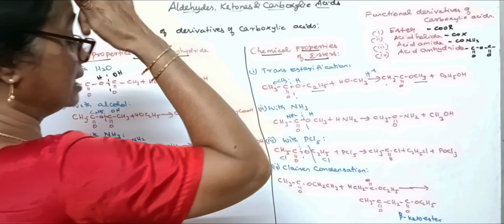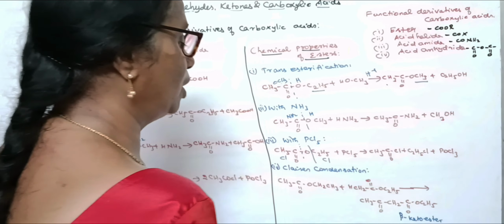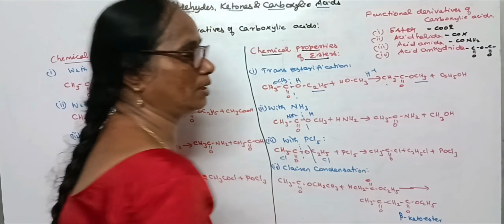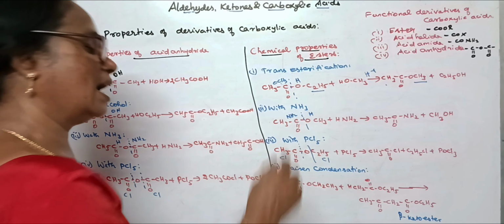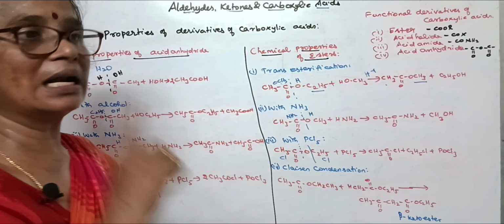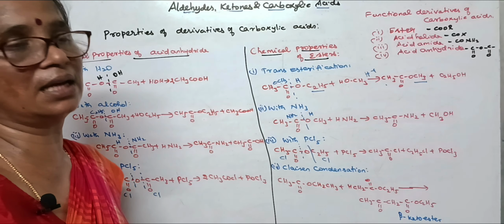Claisen condensation reaction. In this we can prepare beta keto ester. The reaction condition is that the ester should possess at least one alpha hydrogen atom.